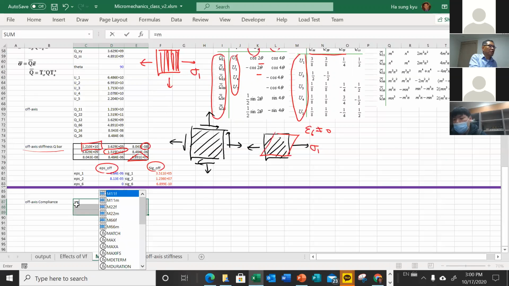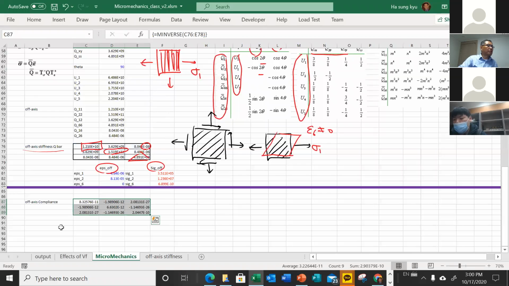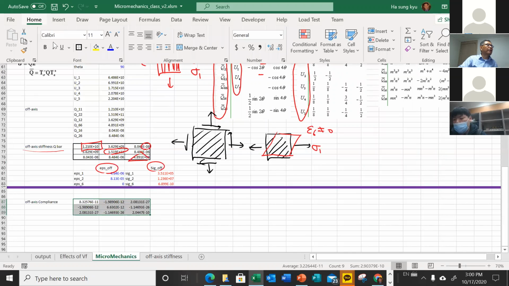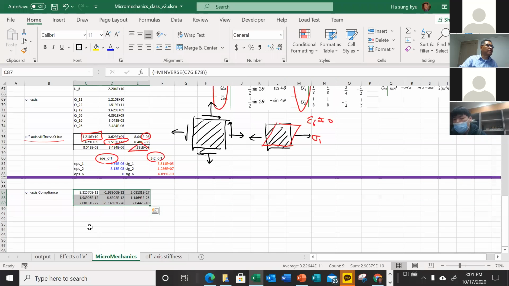Now, the matrix inverse of this. So this is the off-axis compliance. This is the 3×3, the inverse of the stiffness.